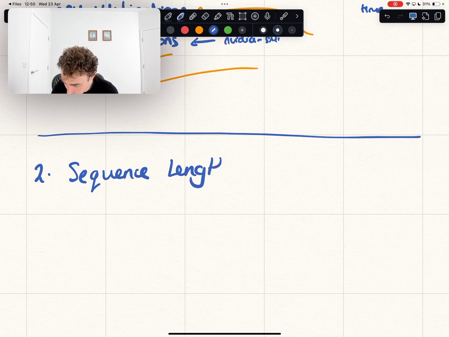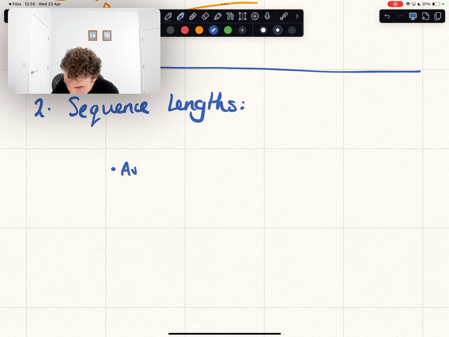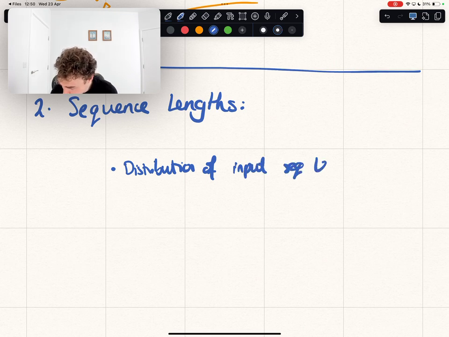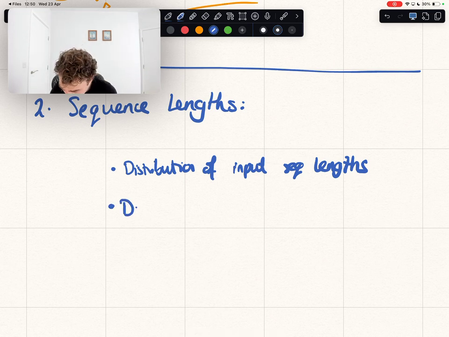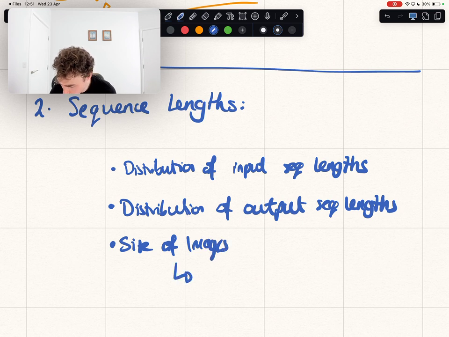For example, it's probably useful to know things like the distribution of input sequence lengths for your users' requests, things like the distribution of output sequence lengths, the size of images that they're sending, which creates a number of image tokens, things like that.